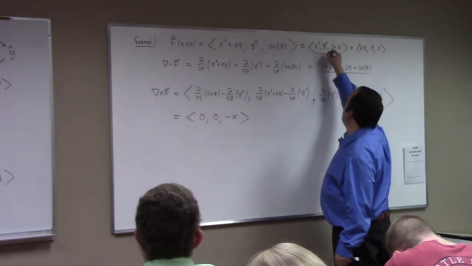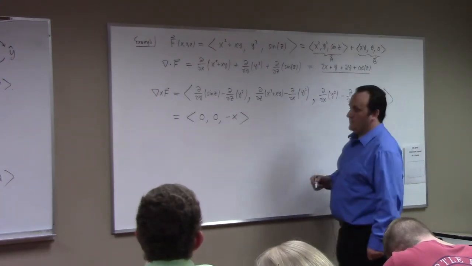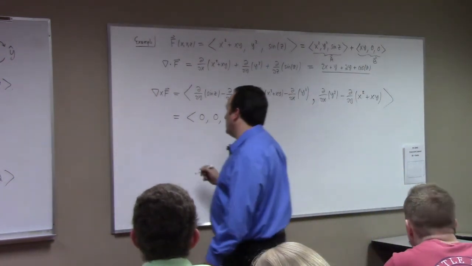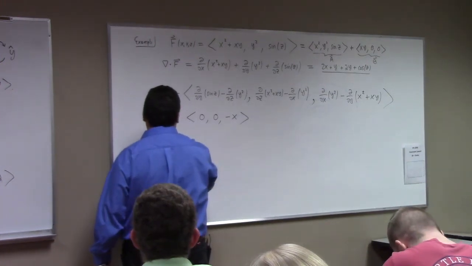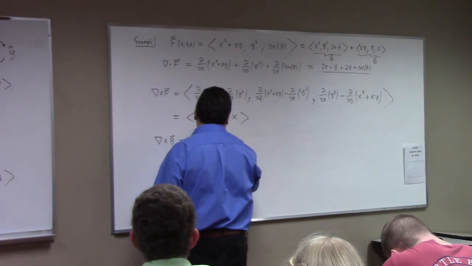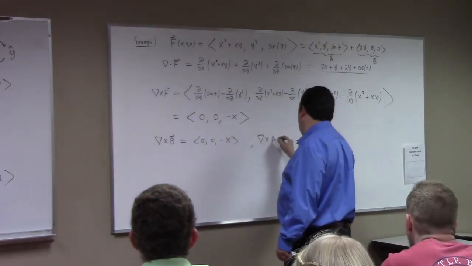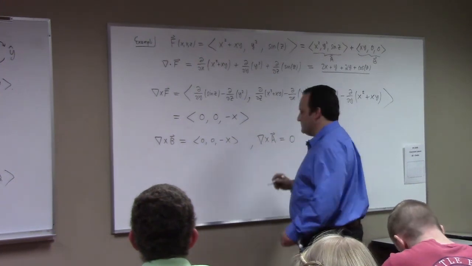So I could call this thing A, call this thing B. I would point out to you that the curl of B is equal to 0, 0, minus x, and the curl of A is, in fact, 0.